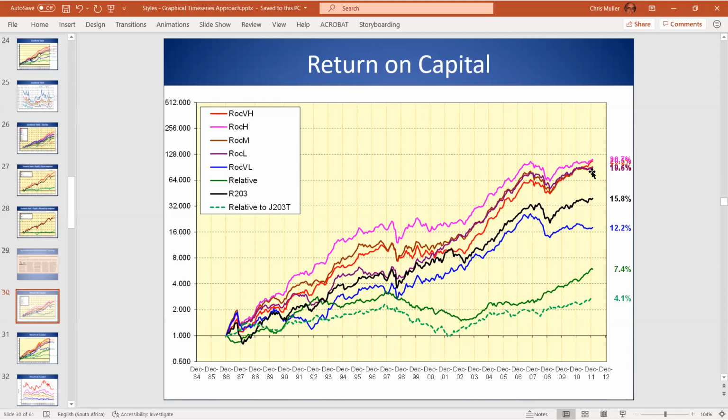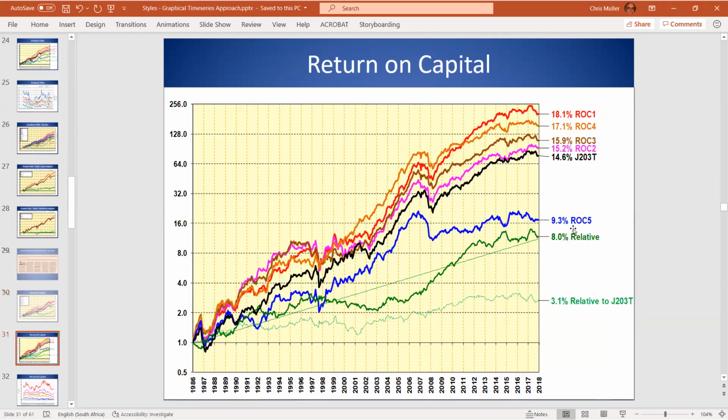The only one that was different was the blue one, our very low return on capital. So instead of looking for alpha here, we're looking for something to avoid. We want to avoid stocks that have a very low return on capital. So sometimes it's not what you want to be in, it's what you want to avoid.